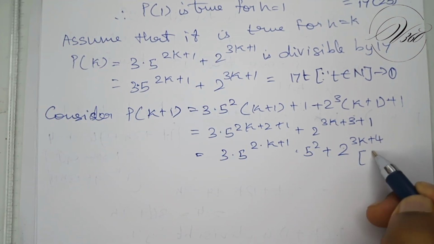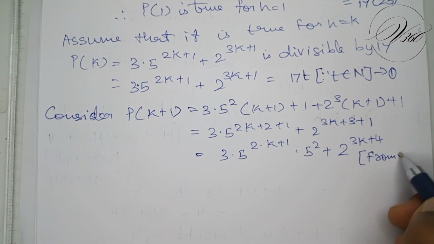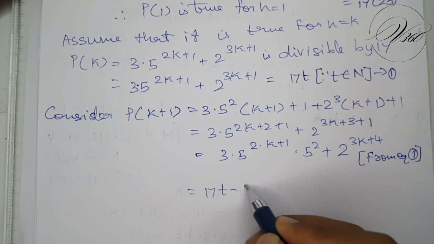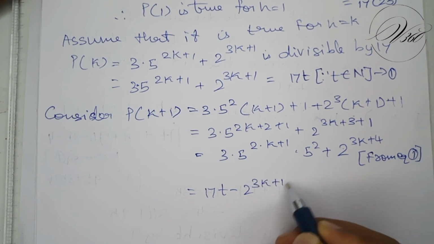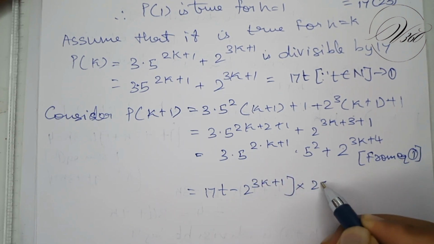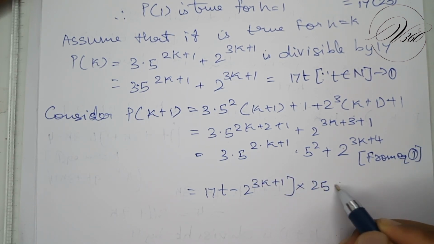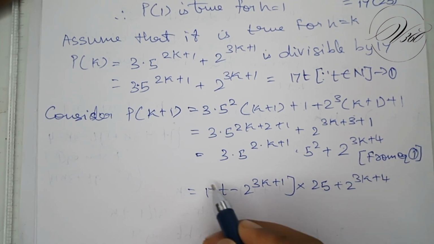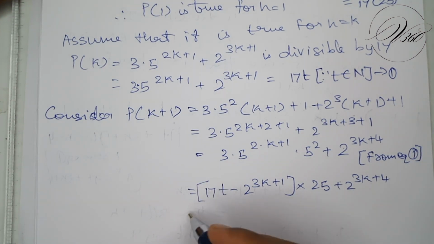Now this, from equation 1, equals 17t minus 2^(3k+1) times 25, plus 2^(3k+4). This is very simple, so I am telling it fast.